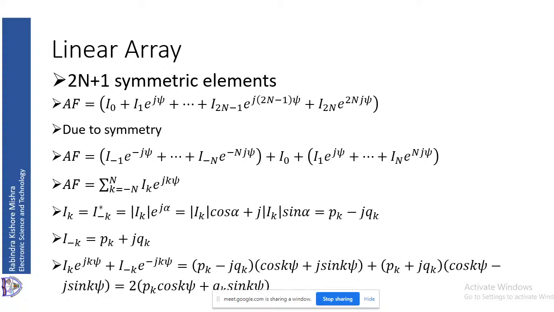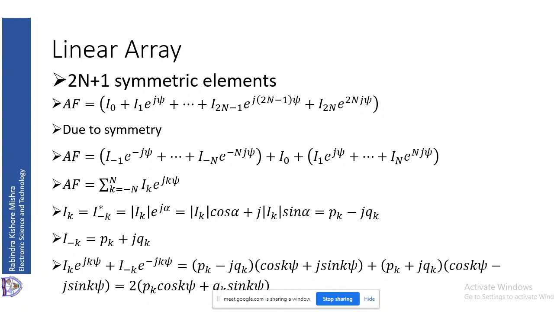So for ik I can write pk minus jqk, and then exponential jk psi is cos k psi plus j sin k psi. Similarly for the other one, pk plus jqk, then cos k psi minus j sin k psi. Then if I do a simple algebraic multiplication and addition, the imaginary part will cancel out.